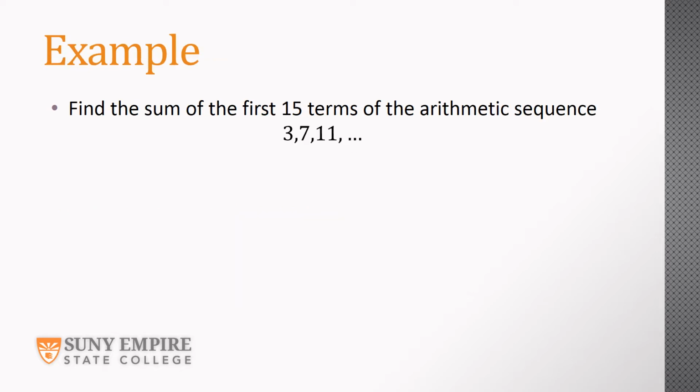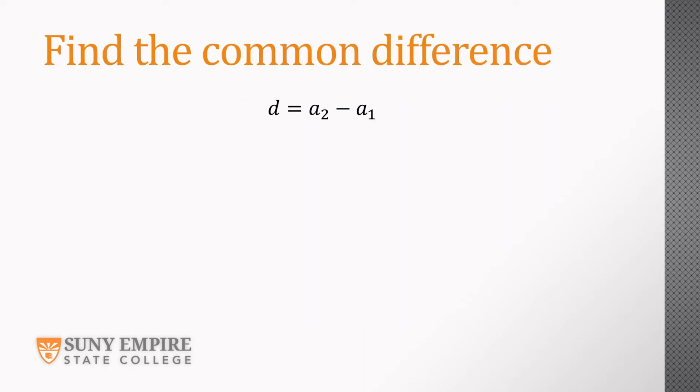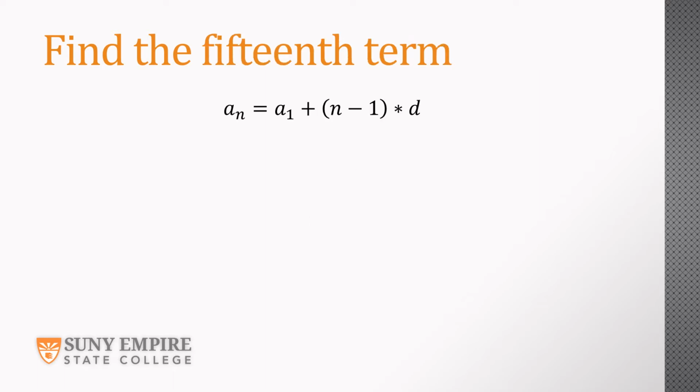Suppose we want to find the sum of the first 15 terms of the sequence 3, 7, 11, etc. First, we need to find the common difference. To do so, we subtract the second term minus the first. We have 7 minus 3, so the common difference is 4. Next, we will use the formula for a general term to find the 15th term.